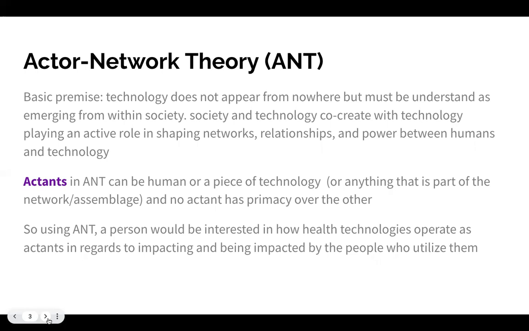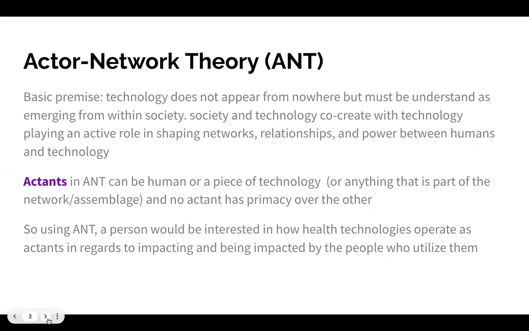So it's kind of like, once it's been created, not that it takes on a life of its own, but it does have enough power to then somewhat shape how humans respond to it, how they use it, how it can restructure or change social processes.